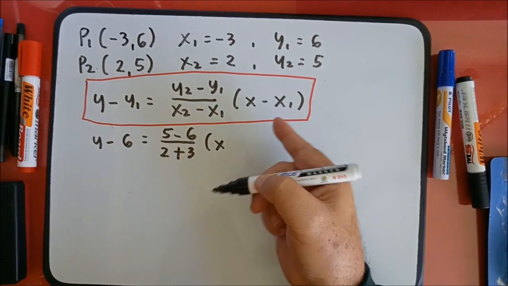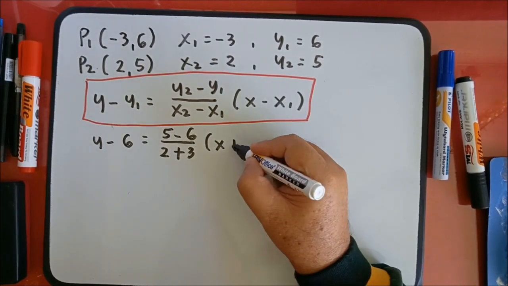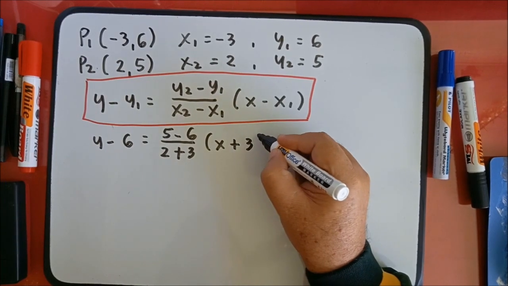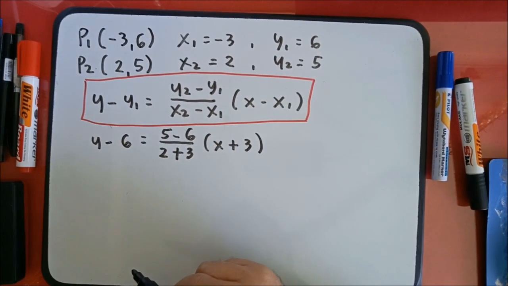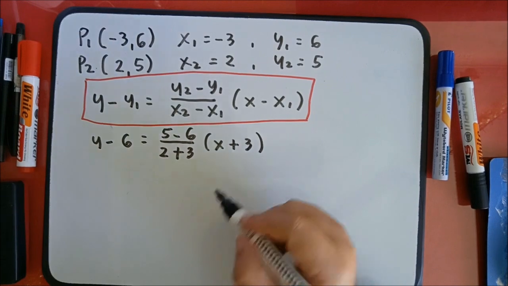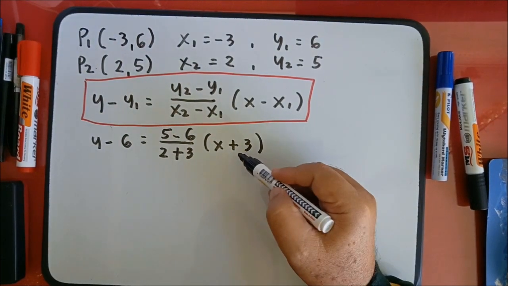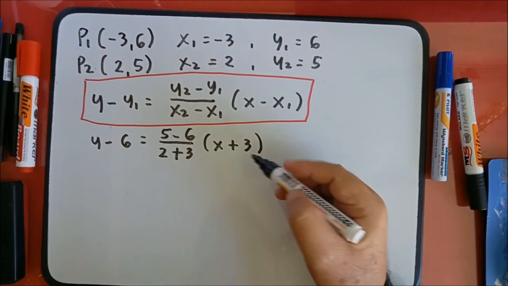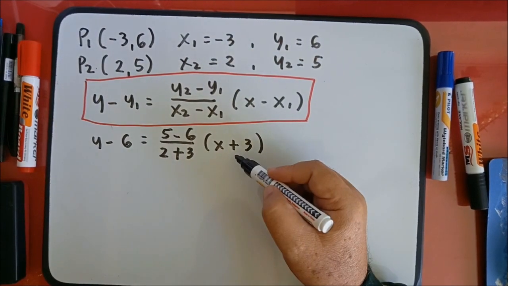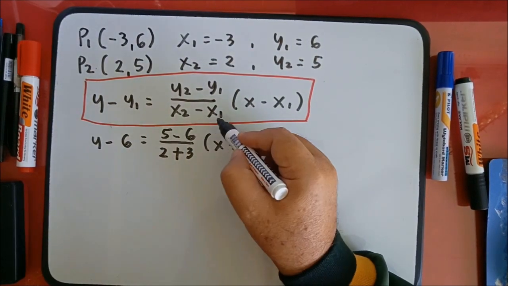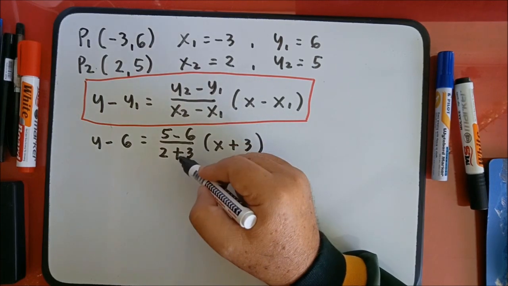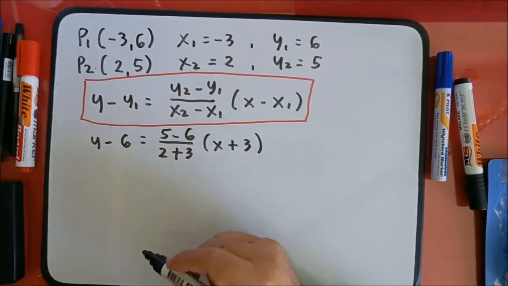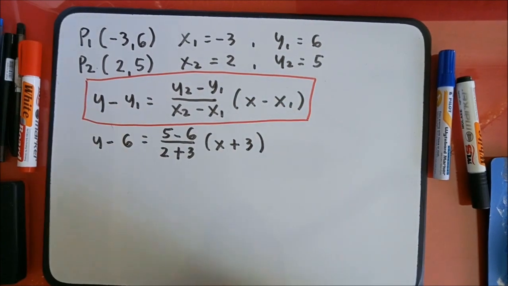Then x minus negative 3, which will become positive 3. Hindi ba kayo nalilito? Okay. Bakit positive? Negative ang formula. Kasi negative 3. Negative times negative will become positive. X sub 2 minus x sub 1. Bakit positive? Kasi negative ang x sub 1 mo. Negative times negative will become positive.